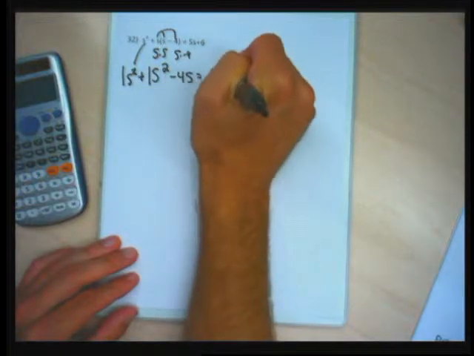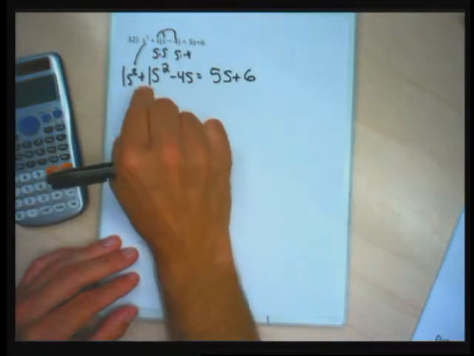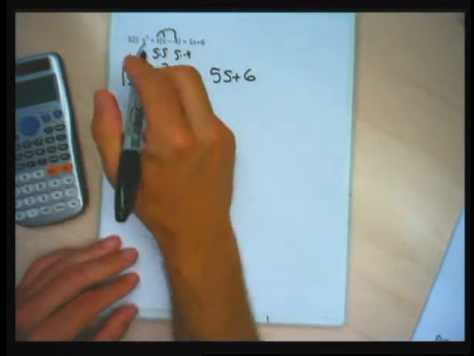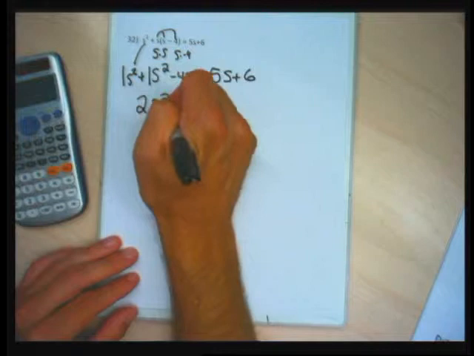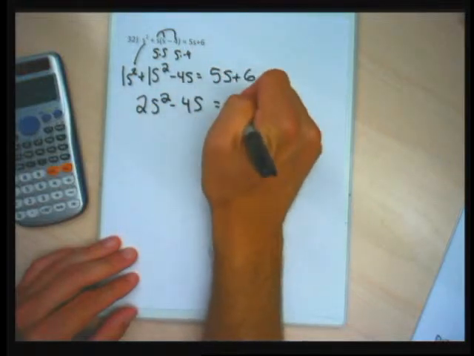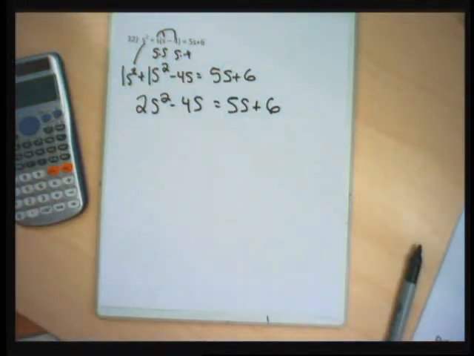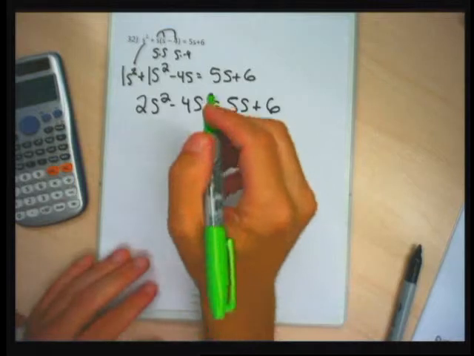So the left-hand side, I have s squared plus s squared minus 4s when I clear the parentheses. The s squared plus s squared comes out to be 2s squared. So clearing the parentheses on the left side and simplifying, I get 2s squared minus 4s equals 5s plus 6.